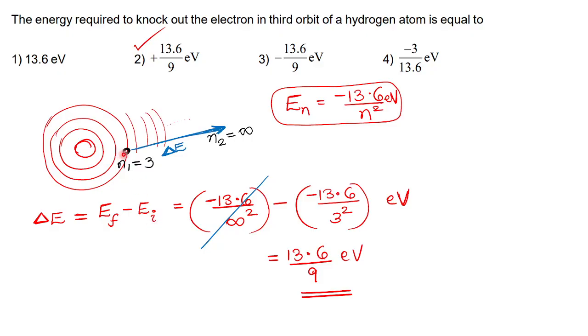Initial energy means the energy when n equal to 3. Simply substitute n equal to 3 here: minus 13.6 by 3 square.